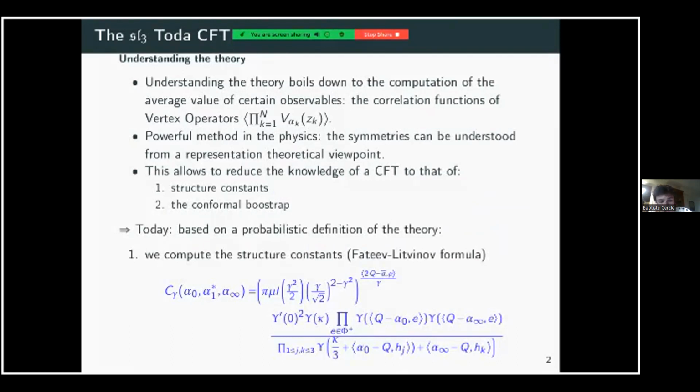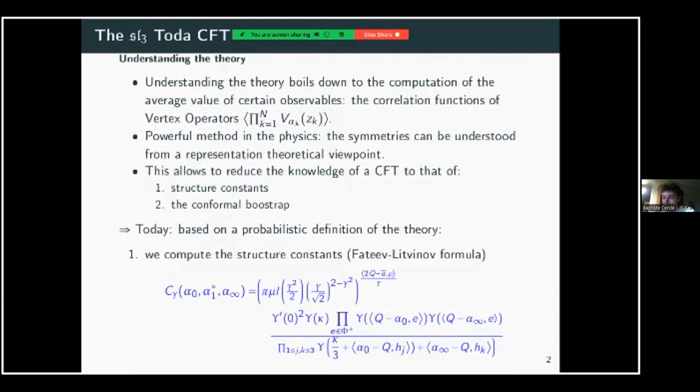And to this end, we'll show that a probabilistic definition of these 3-point correlation functions is given by an expression predicted in the physics literature by Fateev-Litvinov, which takes the following form, which is a bit nasty, I would say, which involves a bunch of special functions and everything.